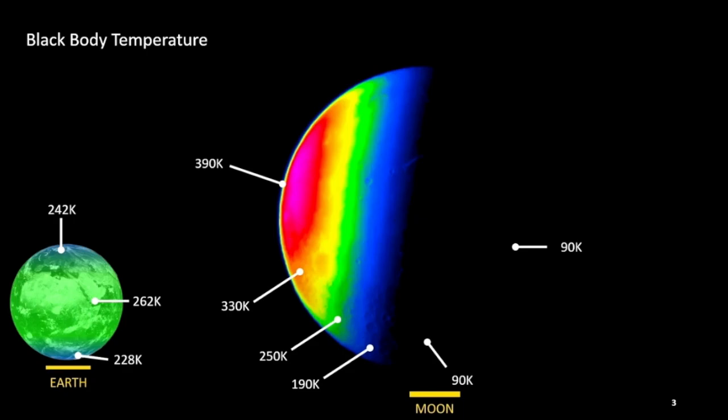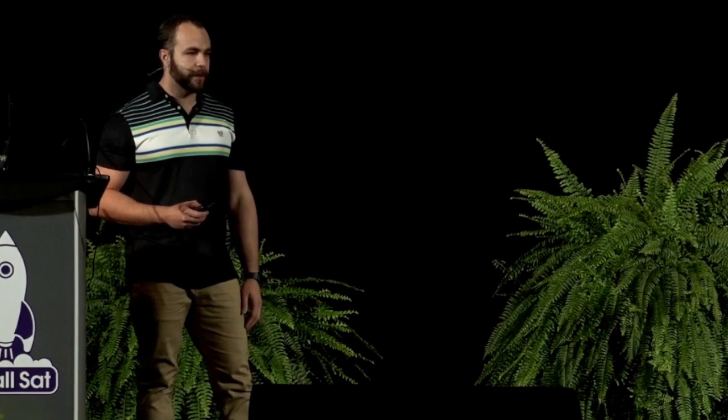The Moon doesn't have any atmosphere to help spread that heat across the surface, so we have that big gradient in temperature. When we analyze Earth, we usually consider an average, and an average is fine, about 255 Kelvin, because there's not a lot of big change. Even the poles are not that different from the equator.